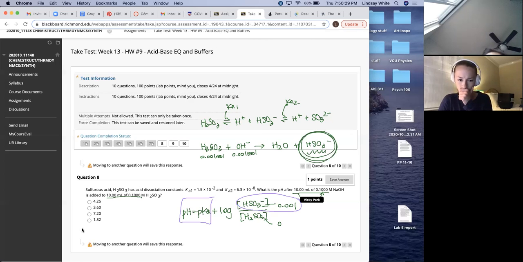But then this is 0. Down here it's 0. So I don't know how to do this one.